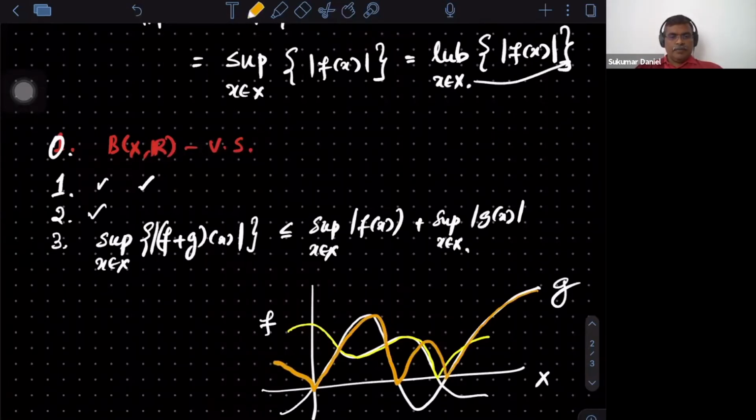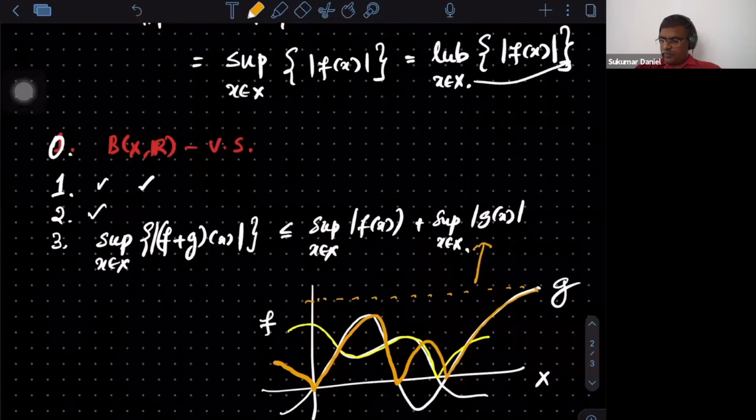Okay. So what will be the maximum of g? It looks like this is maybe the maximum. This is the one which corresponds to this value. And mod f is this. This corresponds to mod f. But what corresponds to the maximum of f plus g?